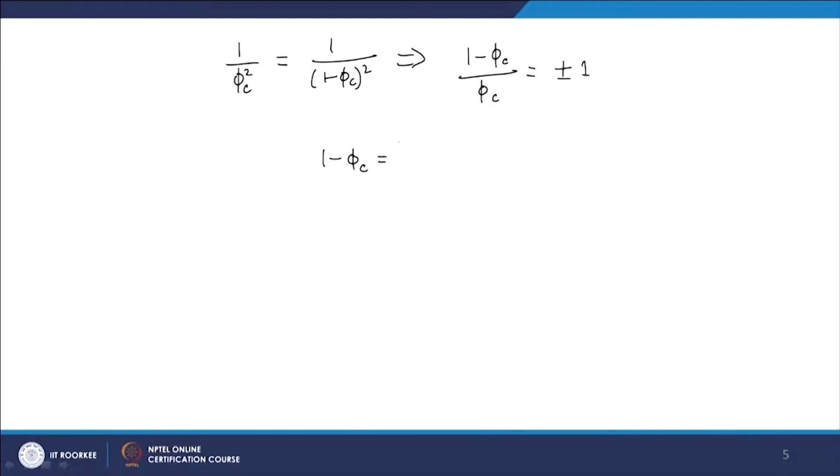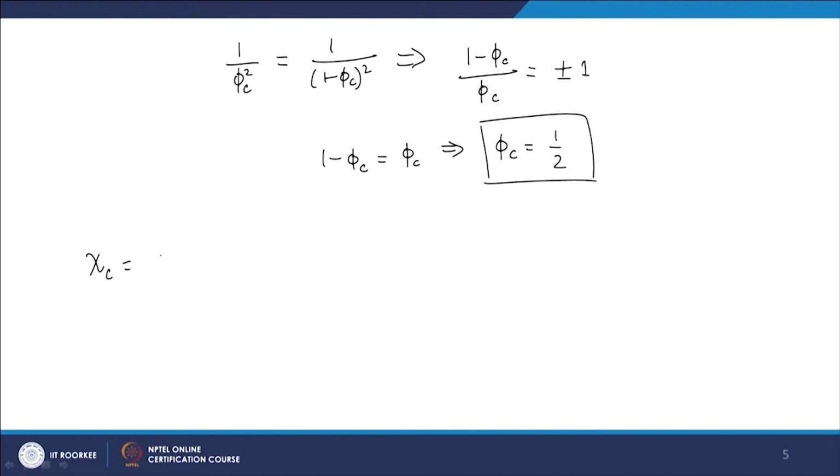So, 1 minus phi c is equal to phi c, and that will be phi c equal to 1 by 2 at the critical point. If I want to know the value of chi at the critical point, I can put this value of phi in the expression for spinodal or in the expression for binodal, because both binodals and spinodals do merge at the critical point.